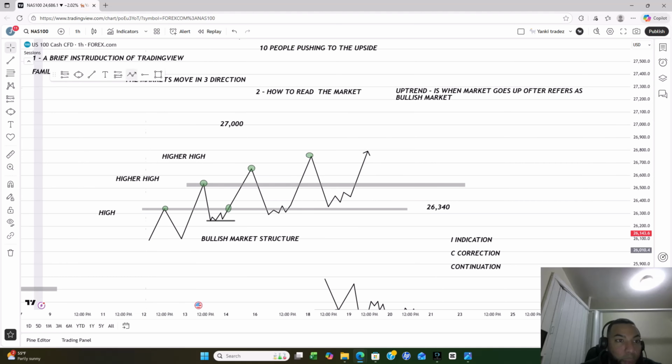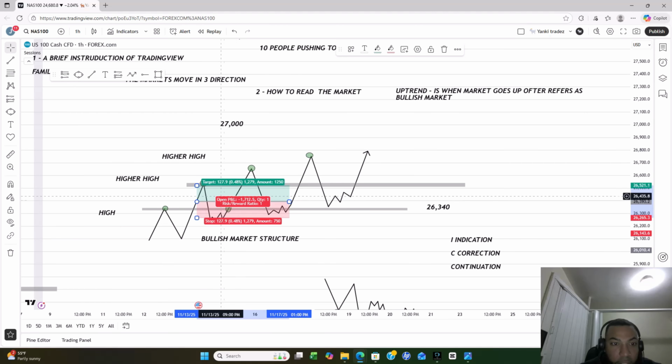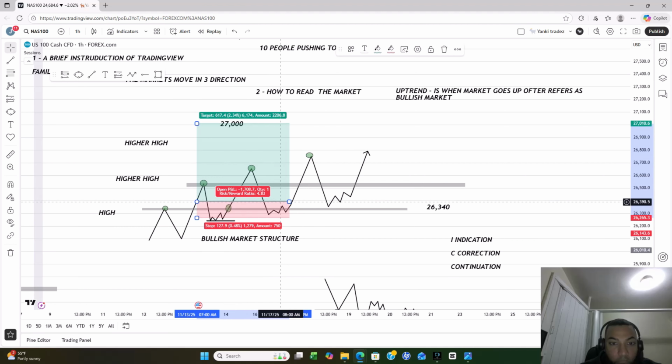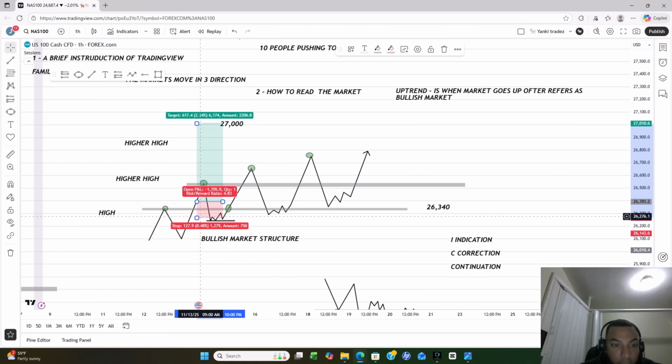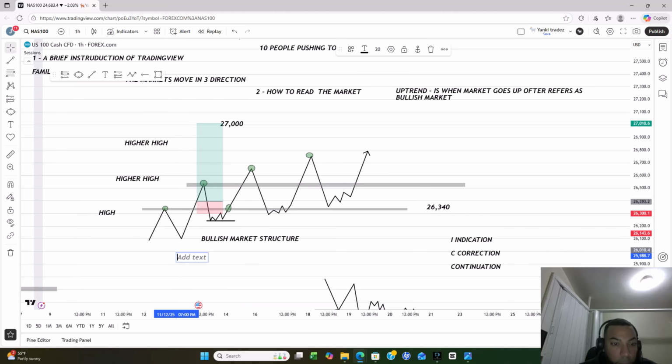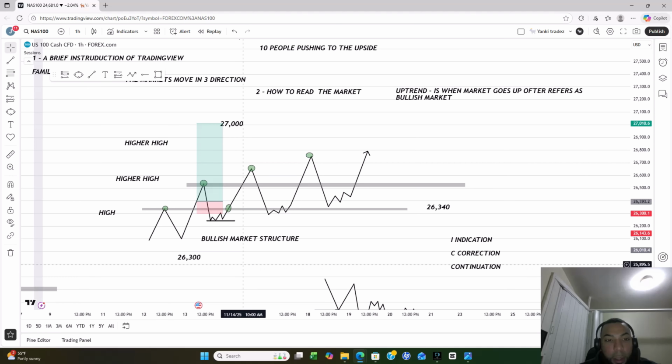And then they put their setup like this. Boom. They think they're gonna be rich today, and all of a sudden they put the stop loss here, at the price of 26,300, right?